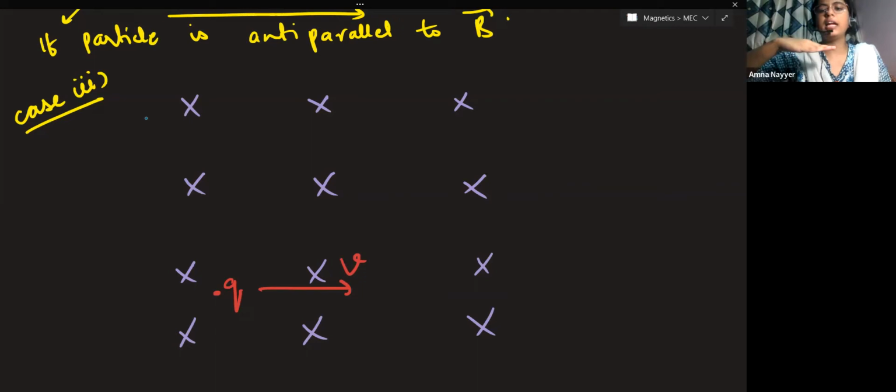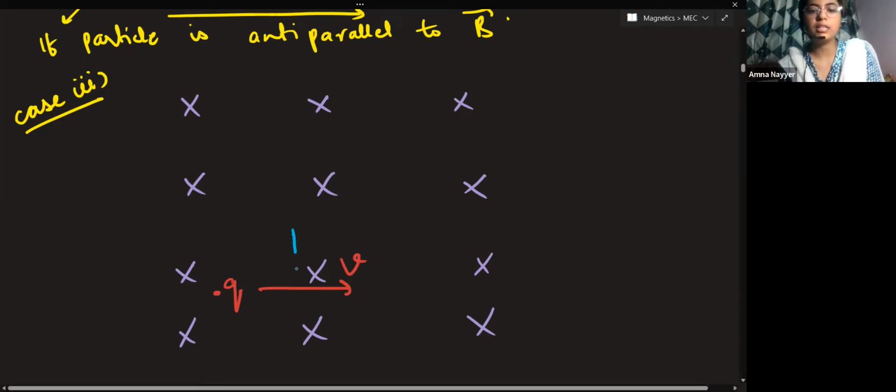If I keep my hand like this, velocity's direction is correct, and now when I'm curling it, it is getting curled inwards, in this direction. This was the magnetic field. So look at the thumb. Thumb is pointing upwards. Thumb gives you the direction of magnetic force. So force will be in this direction.